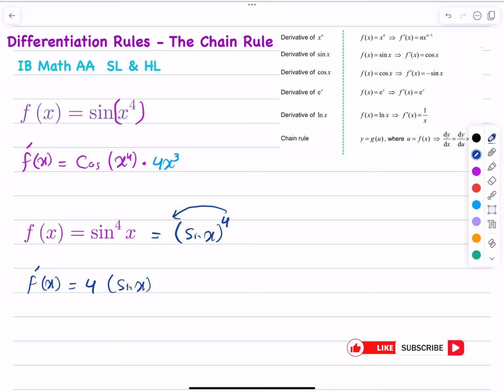Then we decrease the power by 1, it will be 3. And after that, we differentiate the inner function sine x, which is cosine x. Or you can rewrite the derivative like this, 4 sine cubed x times cosine x.